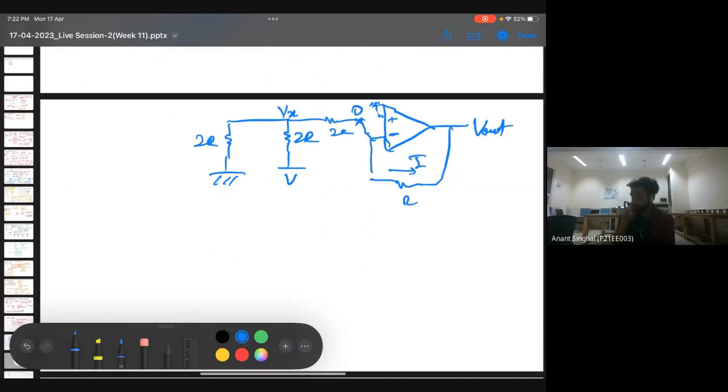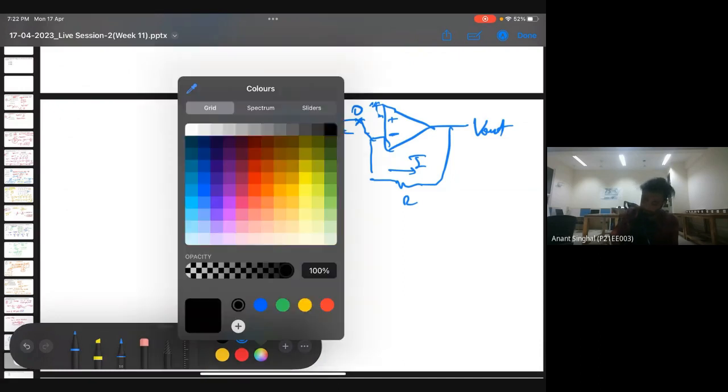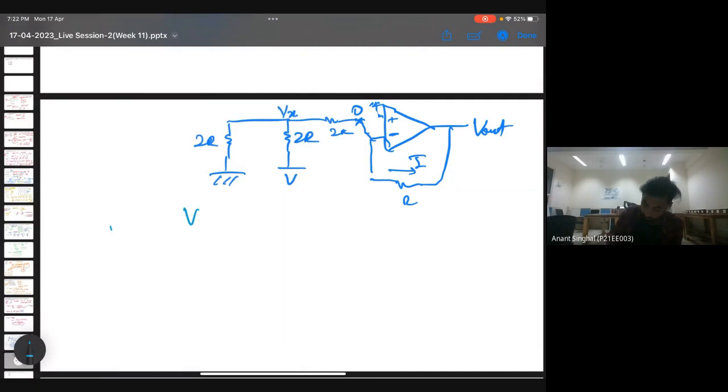I am just applying the KCL. KCL will be nothing but Vx upon 2R here, then plus Vx minus V upon 2R, then this is ground, so this will be Vx upon 2R equals 0.